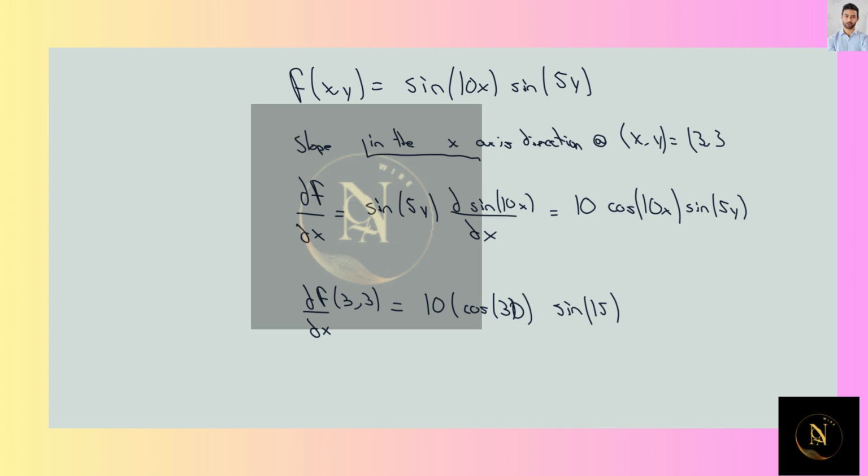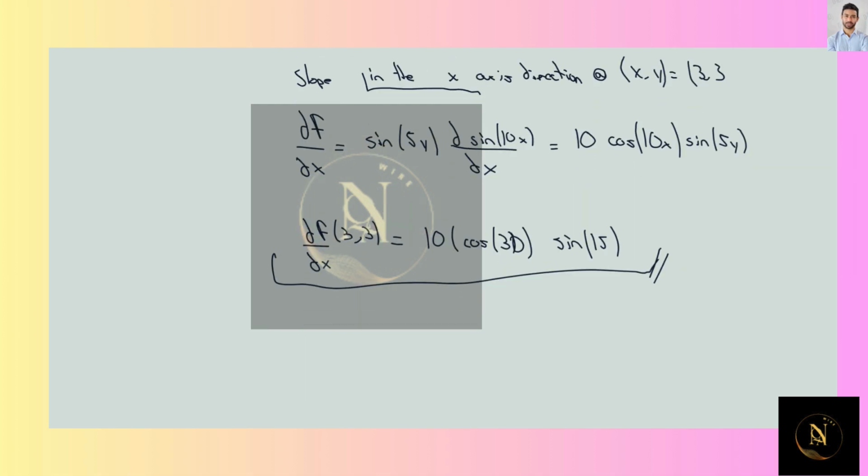So sometimes the math expressions do not look correct. So the other possibility for the function f of x and y would be sine of x to the 10 times sine of y to the 5.